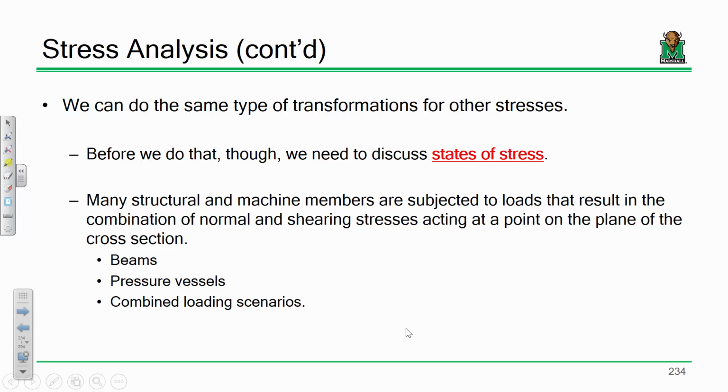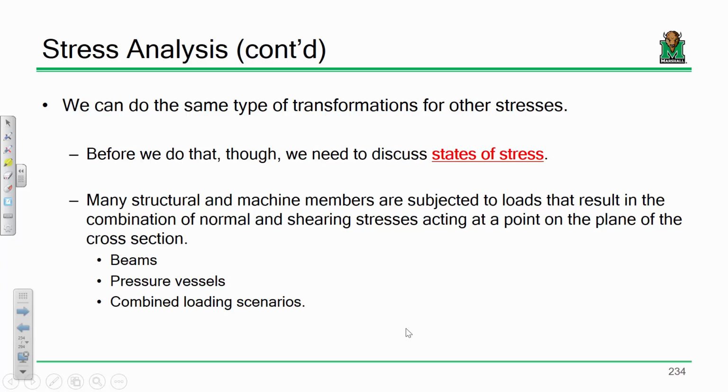Many structural elements, and we could be talking about machines, beam columns and buildings, it doesn't really matter. We could be talking about soil in the ground for you civil engineers, or airplane wings for you mechanical engineers. Many elements are subjected to loads that combine multiple different stresses in multiple different scenarios.